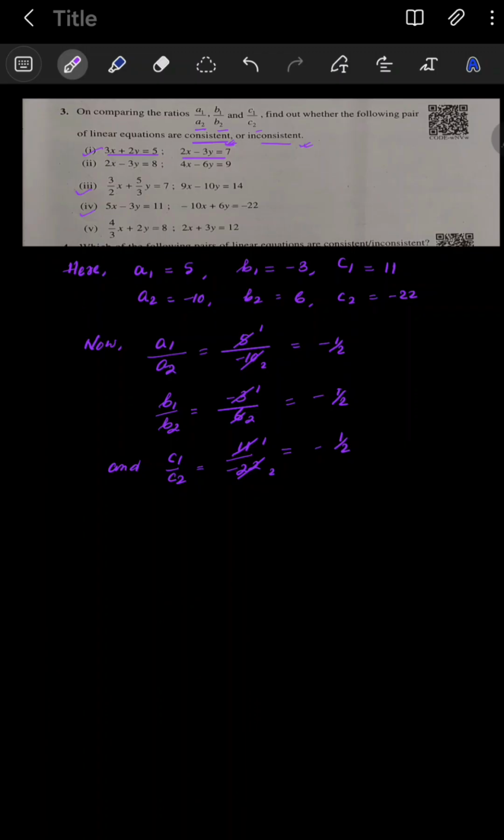This time, if you see, all the ratios are equal. If all the ratios are equal, it means coincident lines, and coincident lines mean many solutions.